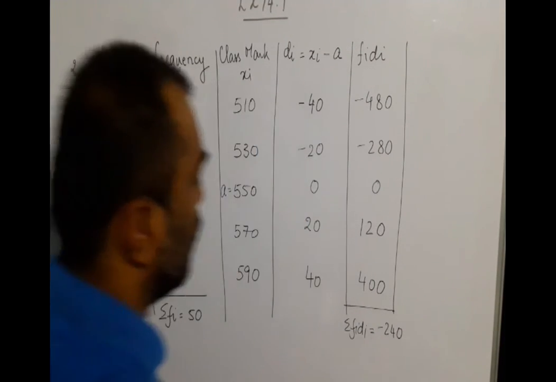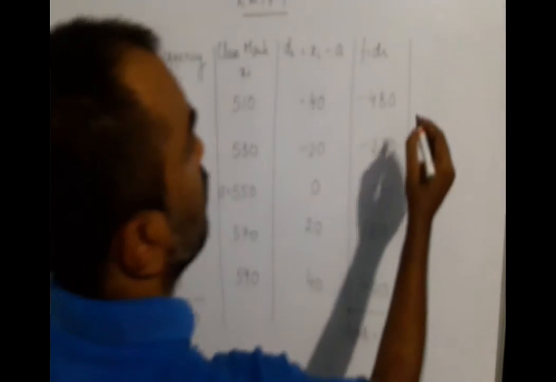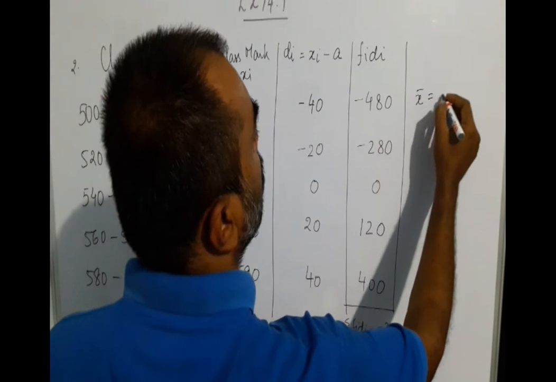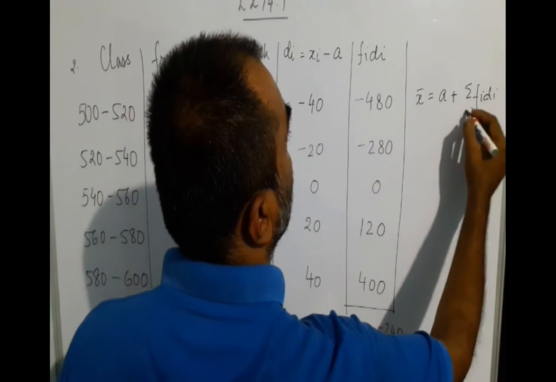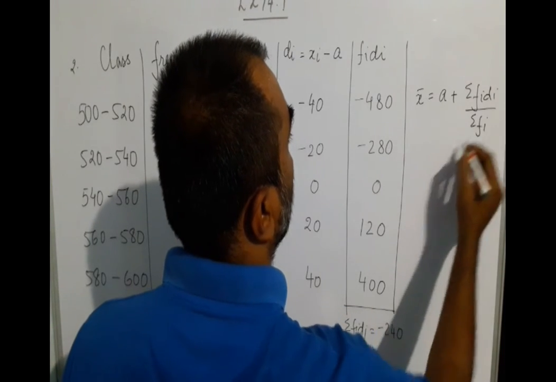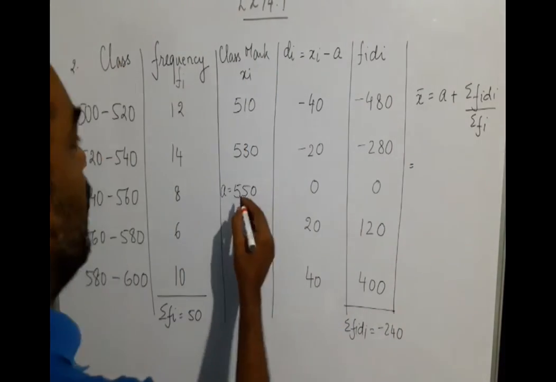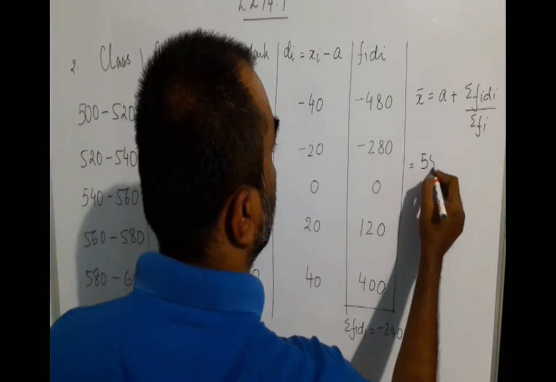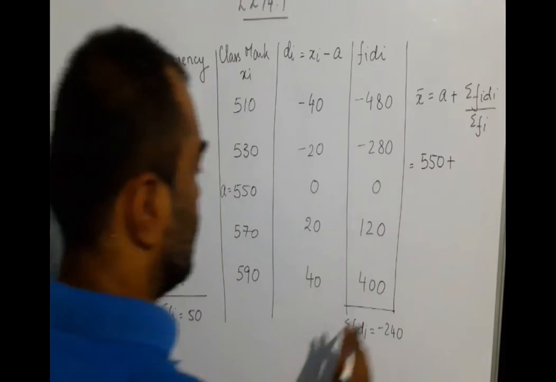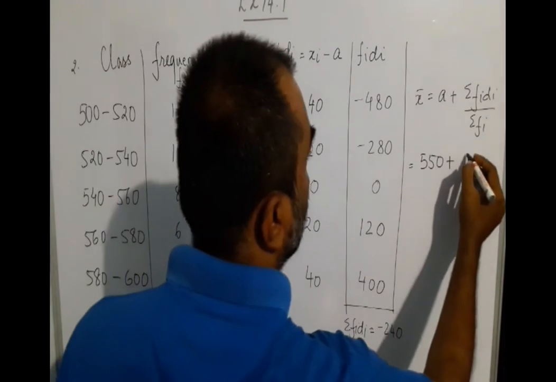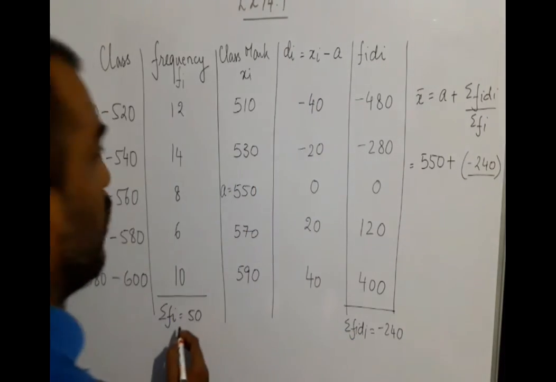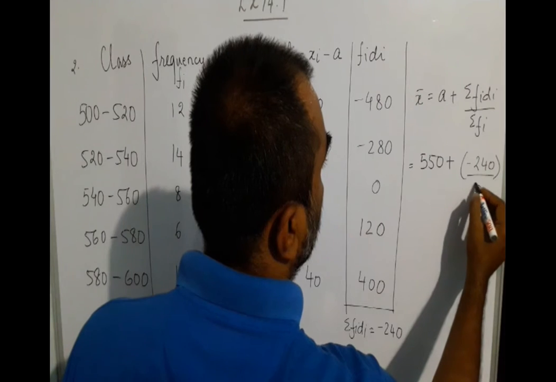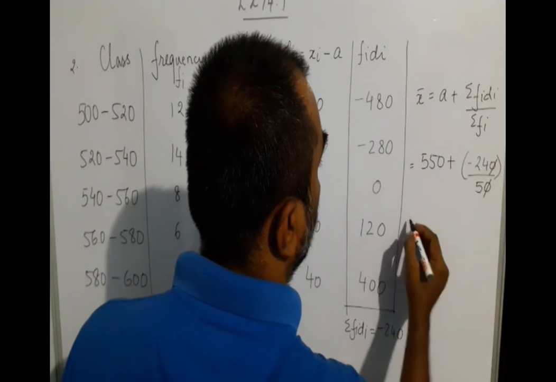So the sum of fi di is minus 240. Now what is the formula, if you remember? The mean x bar equals A plus sigma fi di upon sigma fi. What did we assume as A? 550 plus, sigma fi di is minus 240, upon sigma fi is 50. So 0 and 0 get cut.